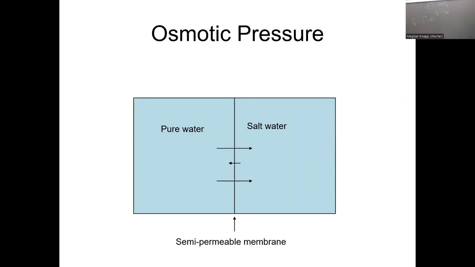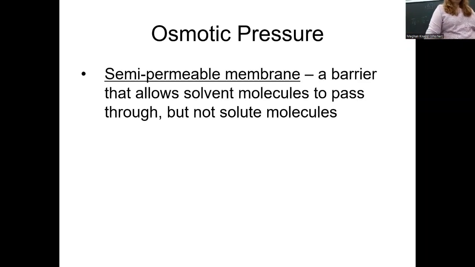So what happens is more water is going to go over to the saltwater side trying to dilute it, and less water is going to go back to the pure water side. Since the salt can't move, it just stays on the side where it is. All right, so the semi-permeable membrane, by definition, is a barrier that allows solvent molecules to pass through, but not the solute molecules.